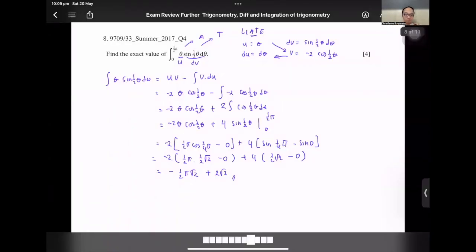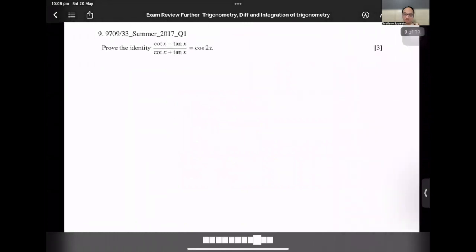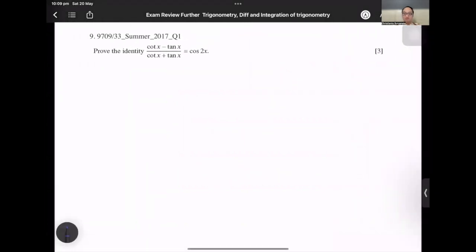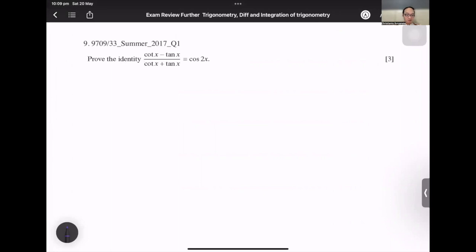Now move to number 9. Prove the identity (cotangent x minus tangent x) over (cotangent x plus tangent x) equals cos 2x. So we have to work on the left hand side. Cotangent x minus tangent x, over cotangent x plus tangent x.